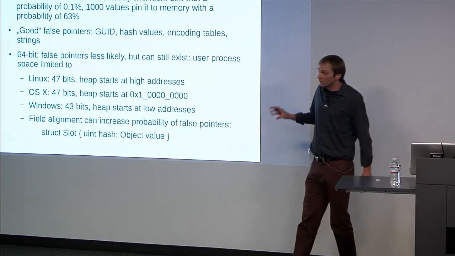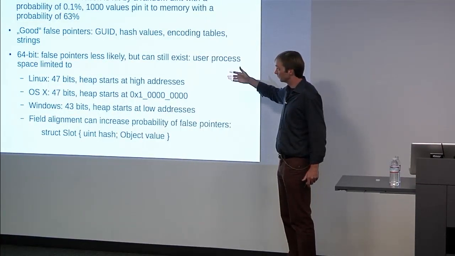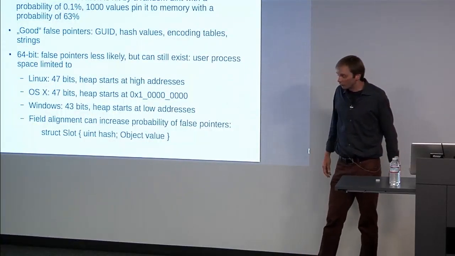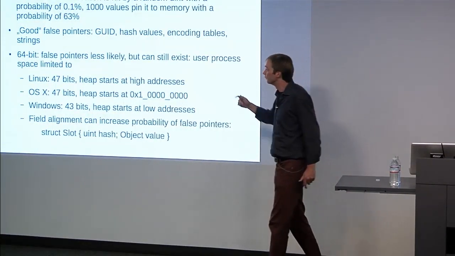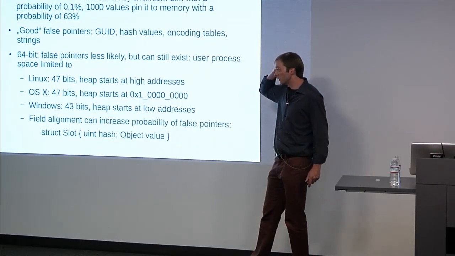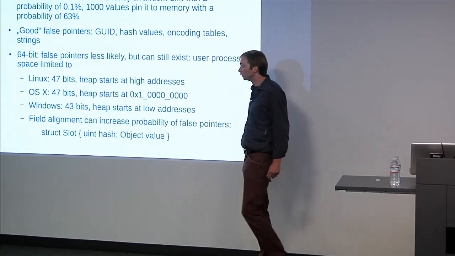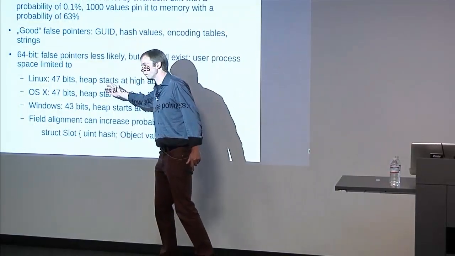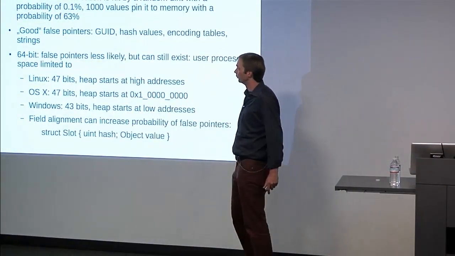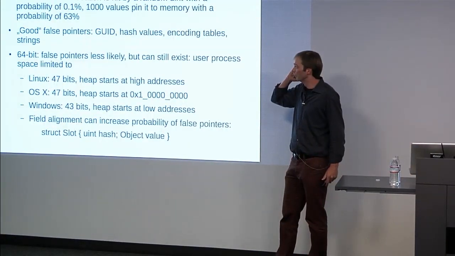But it's not 2 to the power of 64 as a probability for a single hit, because user space is limited on all operating systems to 47 bits, that does not include the system bit for the highest bit, on Linux and OS X, and 43 bits on Windows.